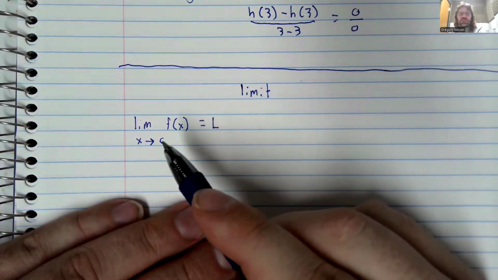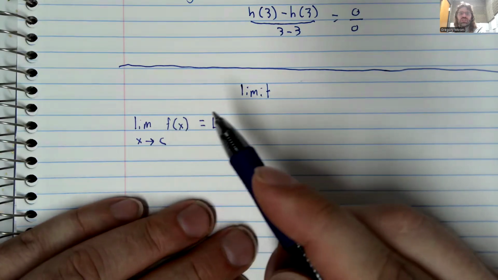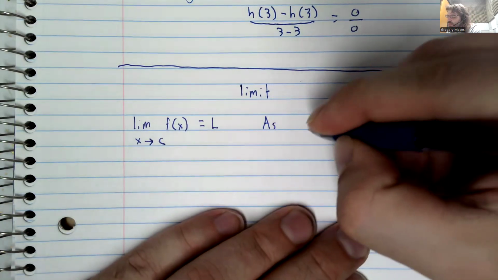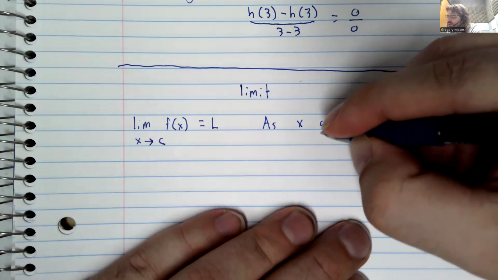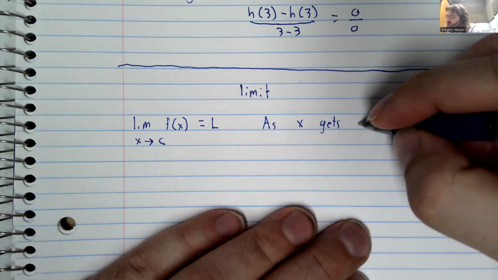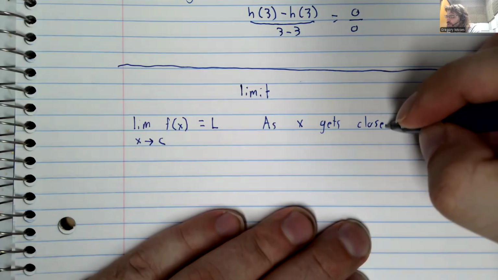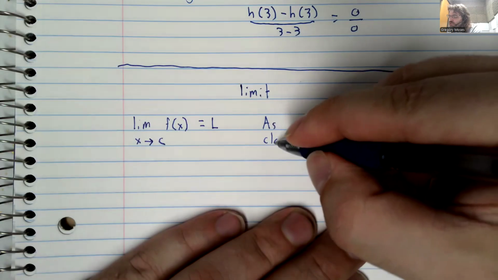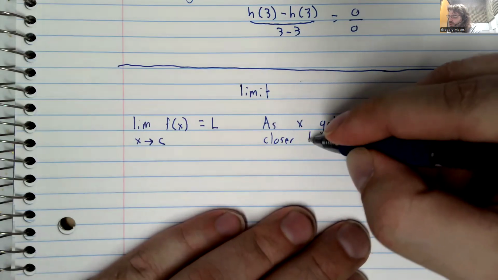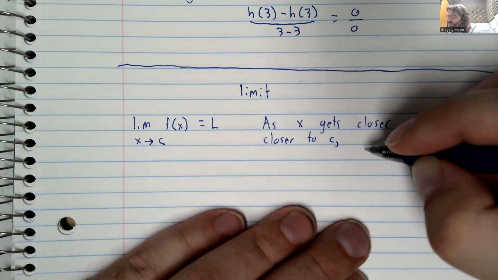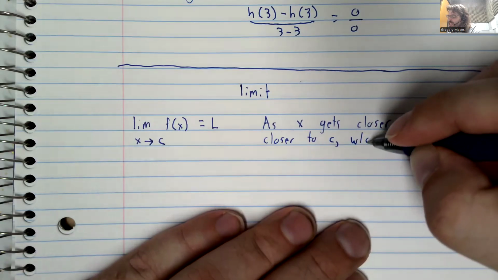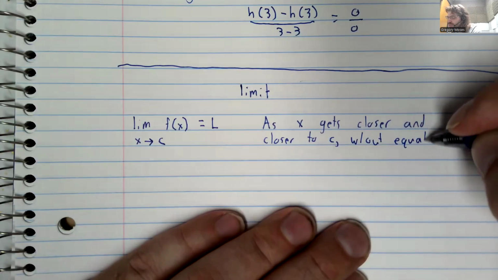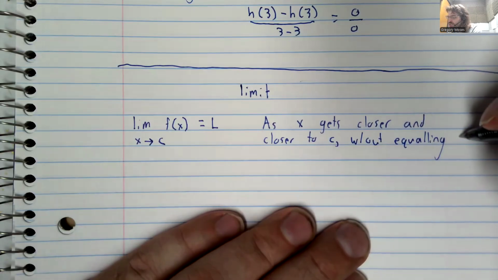This statement, the limit of f of x as x approaches c equals L, means that as x gets closer and closer to c without equaling c.